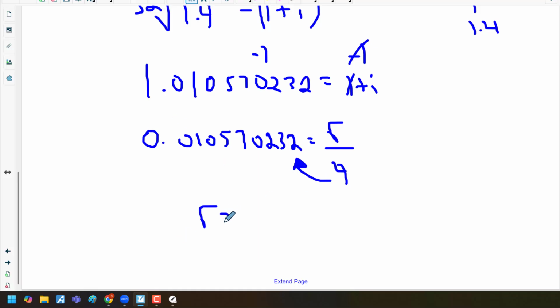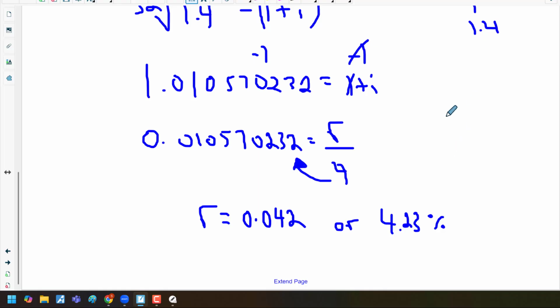So your interest rate is equal to 0.042. And if you times it by 100, you can write it as a percent, which is what we prefer, 4.23%. That's the answer.